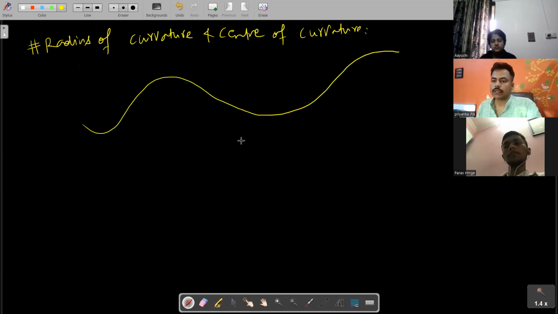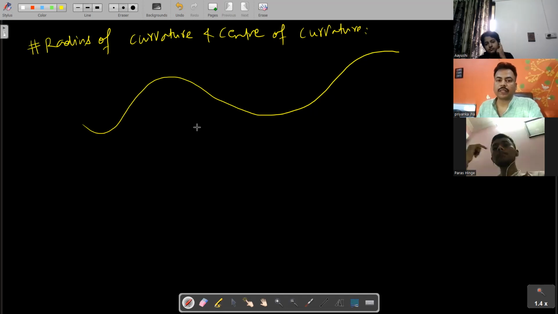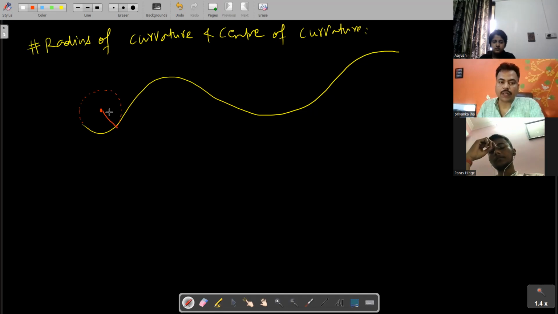Any particle follows this kind of path. So radius of curvature and center of curvature: if we see for this part, it's a part of a circle. This circle. The center of this circle is called the center of curvature, and the radius of this circle is known as the radius of curvature.